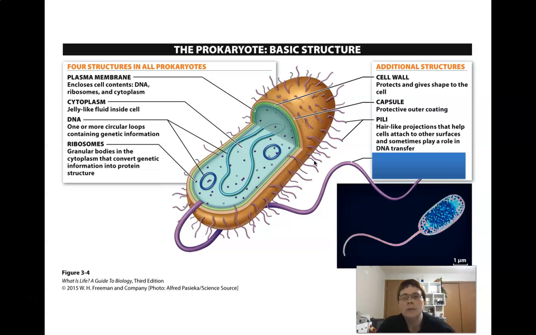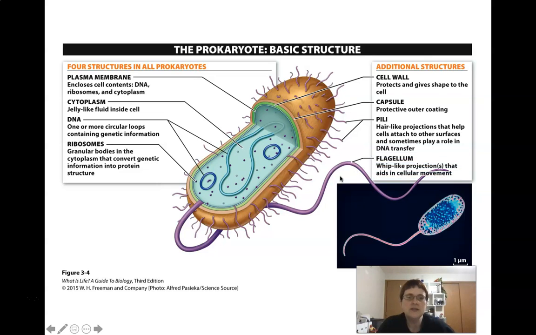So why would a prokaryote or a bacteria want to stick to a surface? Yeah, and there are lots of different reasons, right? Maybe that's where their food is. They need to infect something, right? There's lots of reasons for a prokaryote to want to stick.